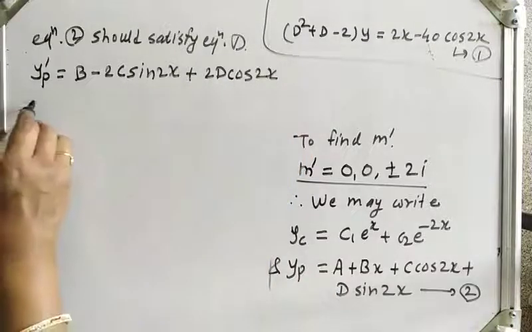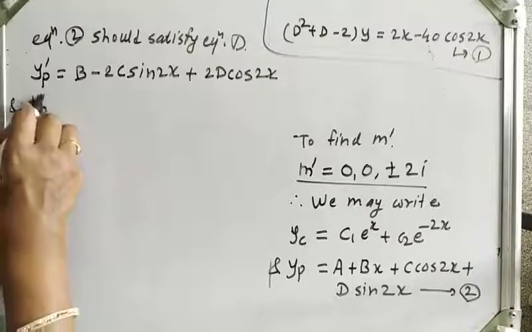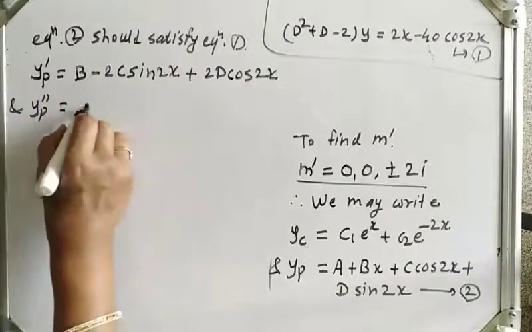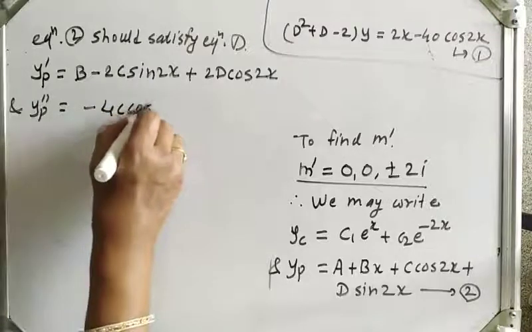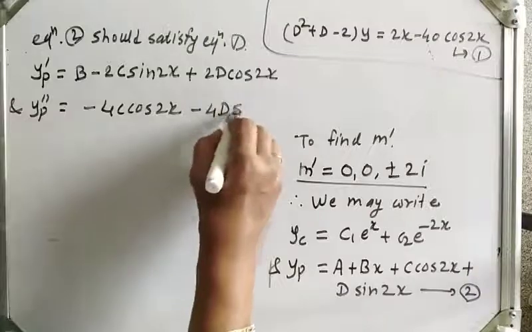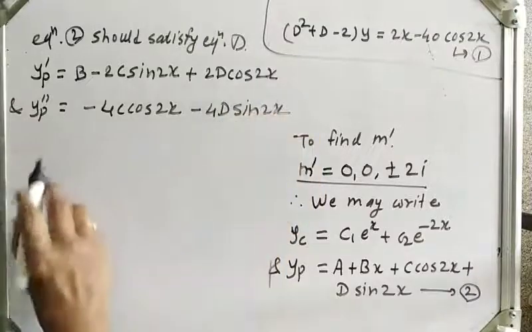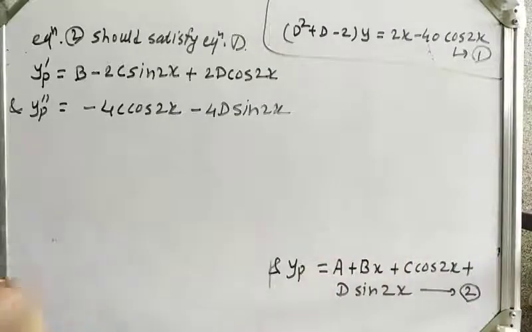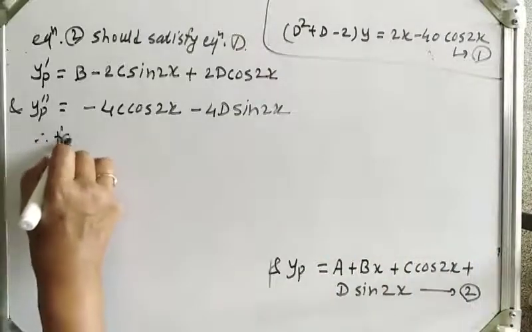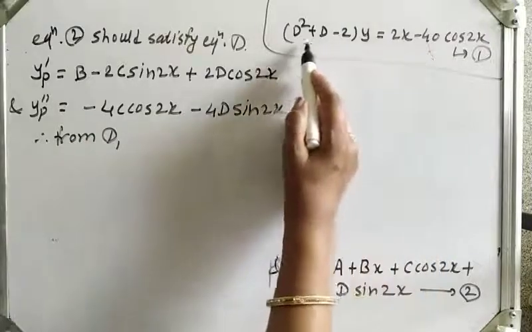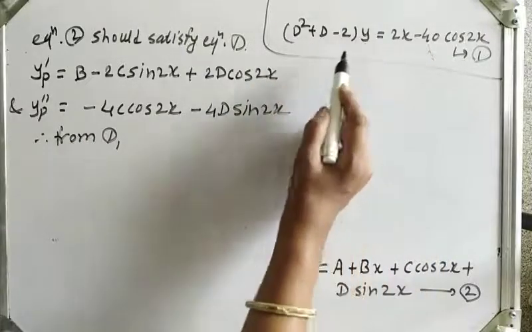It is yp dash. And yp double dash, again its derivative, will be minus 4c cos 2x minus 4d sin 2x.